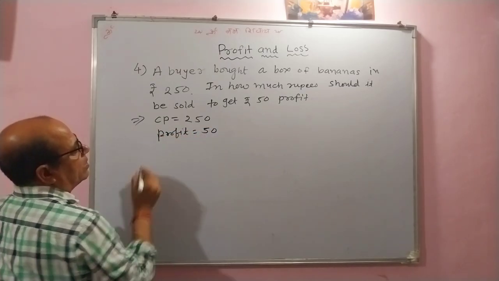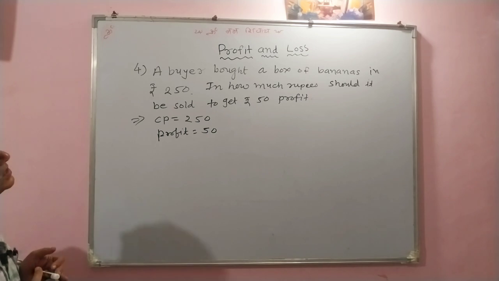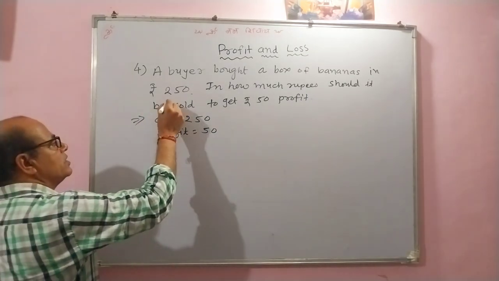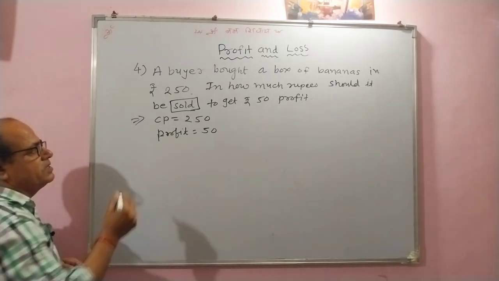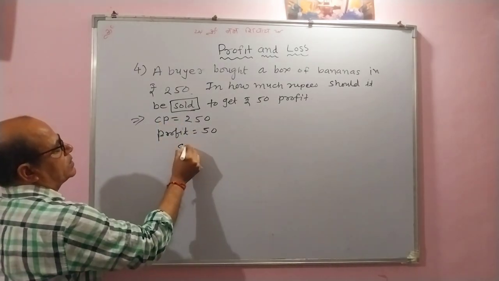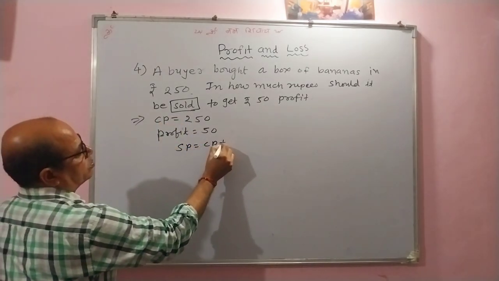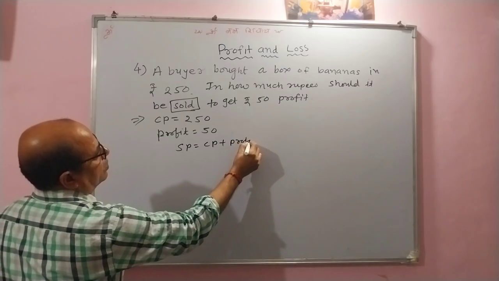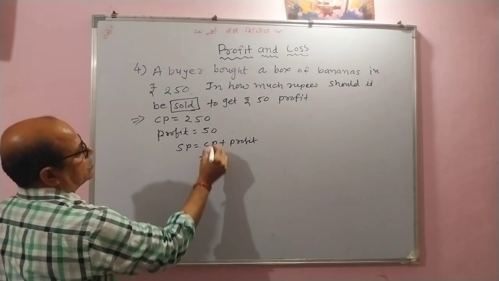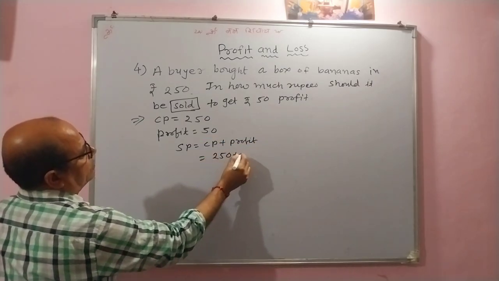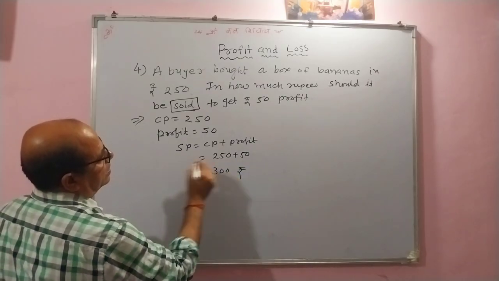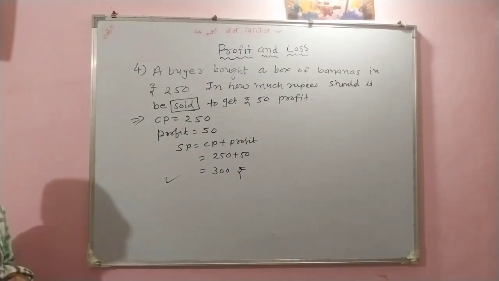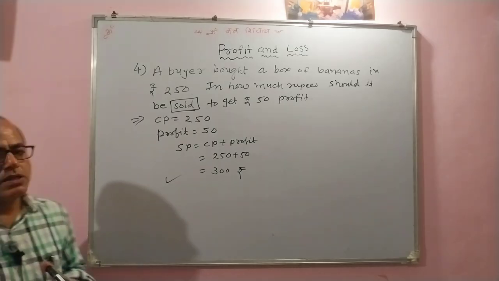Now he has asked to find SP, for how much it is to be sold. Sold, sell, sells, that means SP. So SP is equal to CP plus profit. It is a simple formula. CP is 250 and 50 is profit. So 300 is the answer. It's very simple. This way you can get the answer.